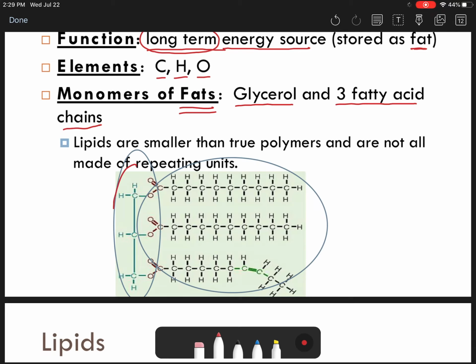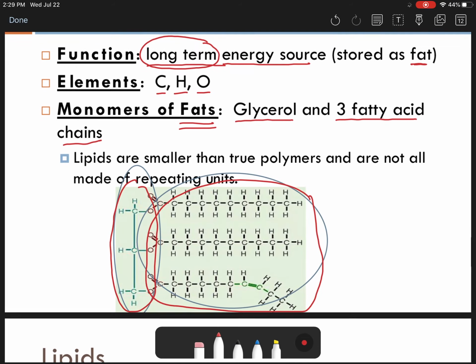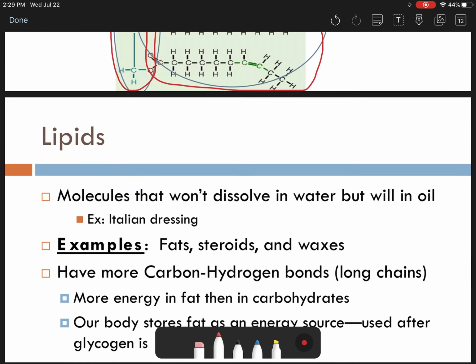If you look at it down below, this right here would be your glycerol molecule, and these would be your 3 fatty acid chains. So they're not true polymers with monomers, except for a fat molecule, which has 1 glycerol and 3 fatty acid chains.